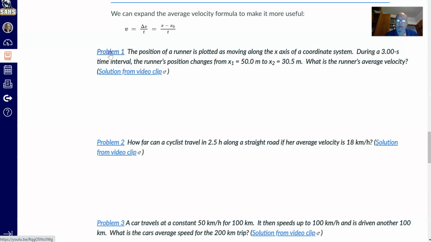I wanted to do these separately so that you could just go to the link for a particular problem if you wanted to look at it again, rather than having to go back through the whole video of the lesson. Wherever there's a problem number, that link will be to the video clip of that, and I'll also have a solution to the video clip that you can look at.